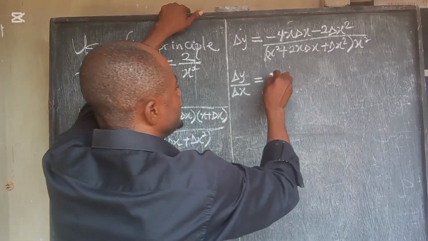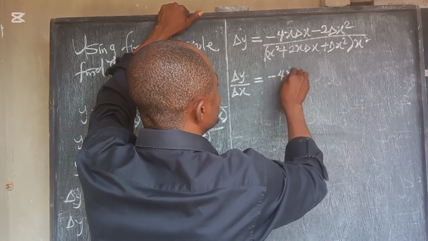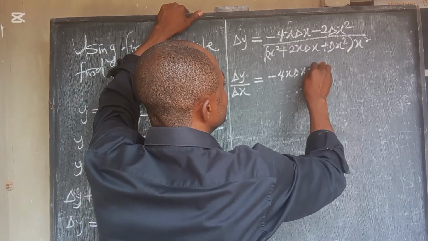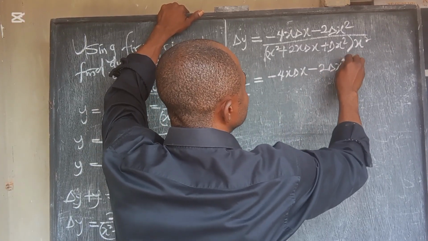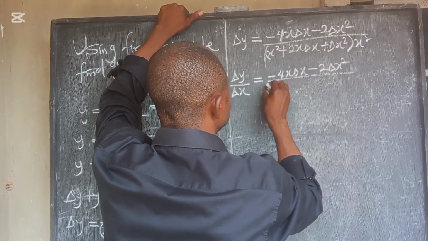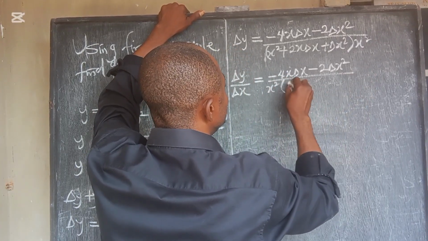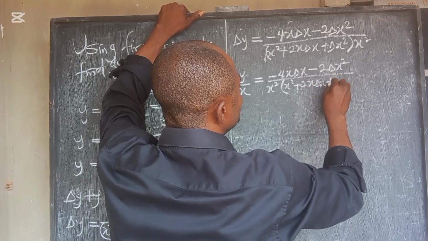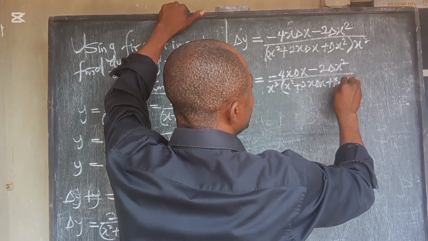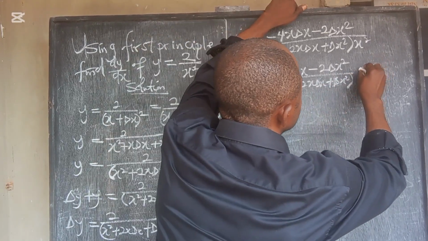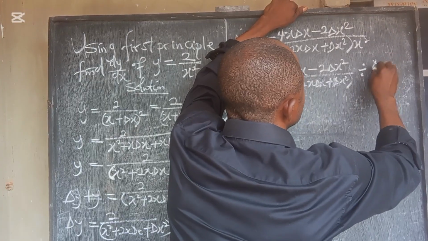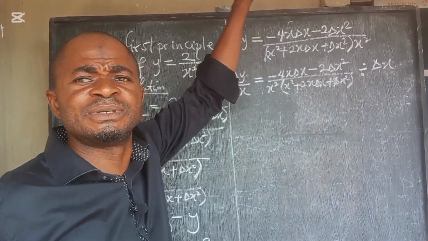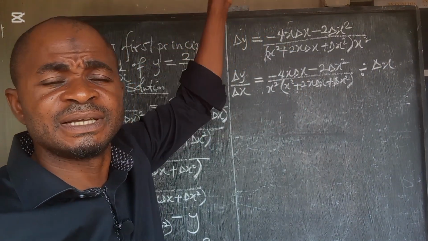Minus 4x change in x minus 2 change in x square, everything all over x square into bracket x square plus 2x change in x plus change in x square, then divided by change in x. Divided by what? Change in x.